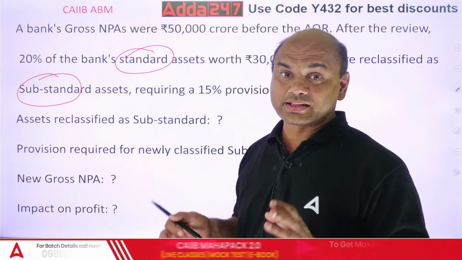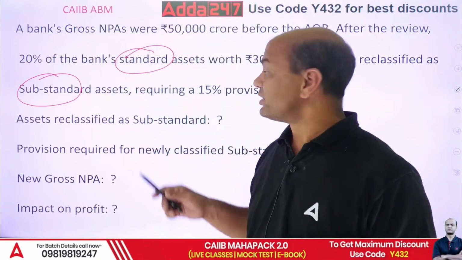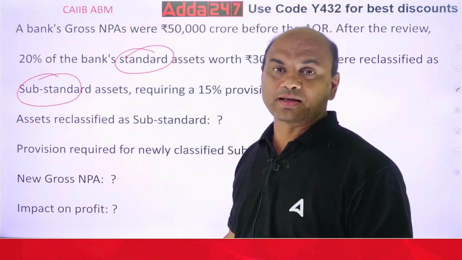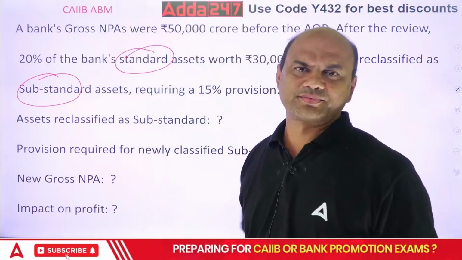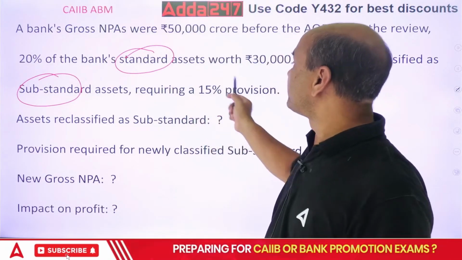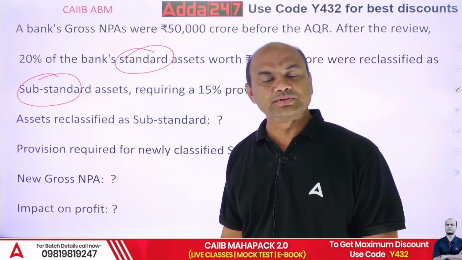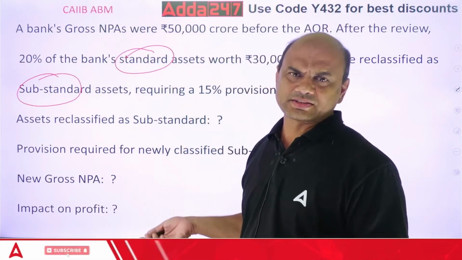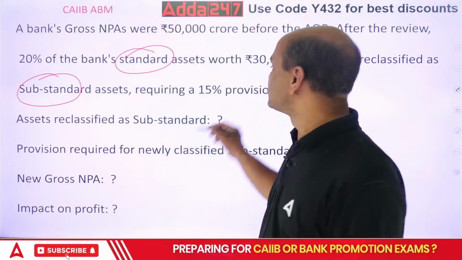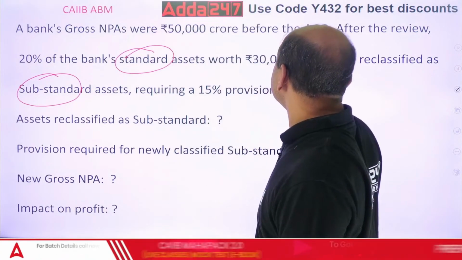Now the reclassification has happened, and once this happens, many things change. Now it's given requiring 15% provision. So these will be secured assets, because what is the substandard provisioning?